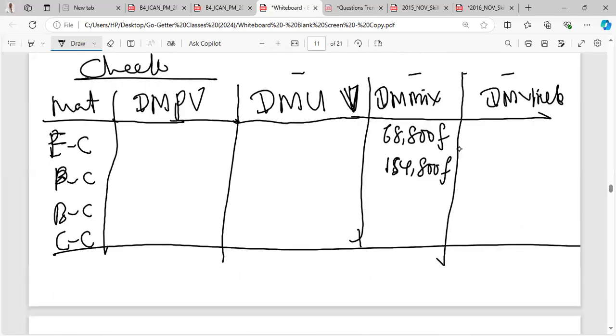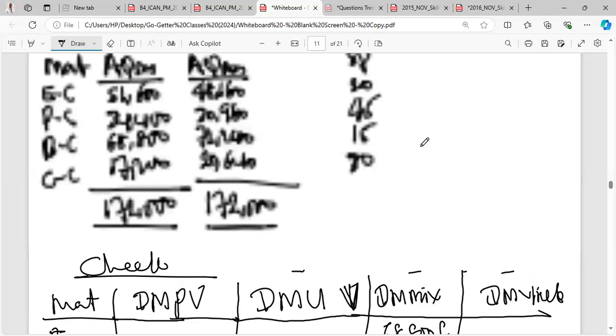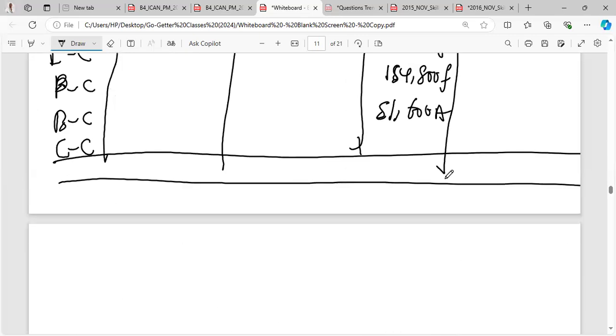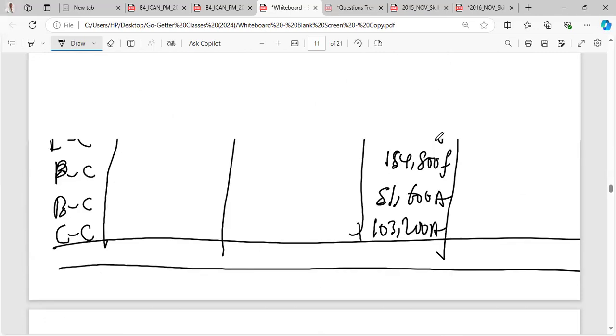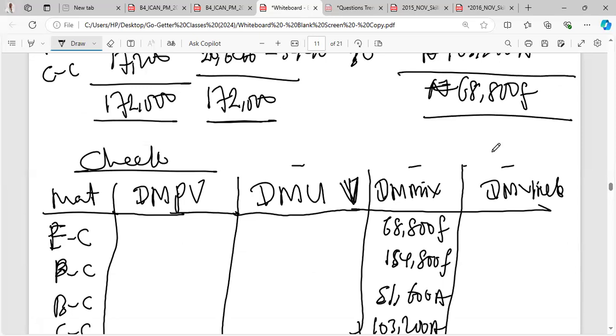This is 51,600 adverse. And this is 103,200 adverse.